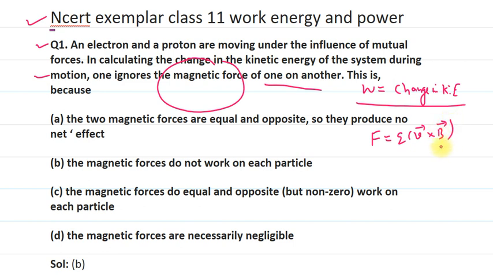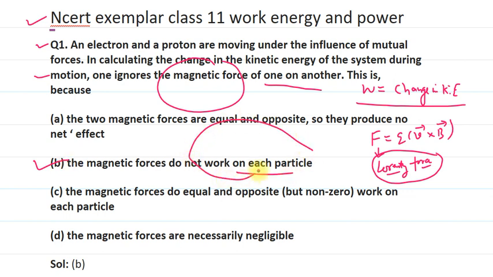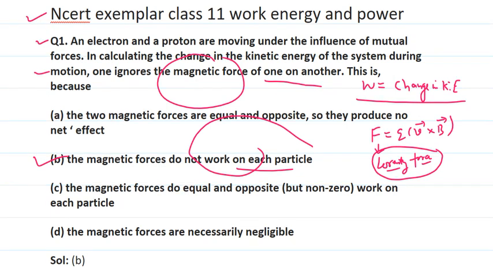Here capital B is the magnetic field, v is the velocity vector, and q is the charge on the particle, and this F is known as the magnetic force, or we can simply call it the magnetic Lorentz force. So this magnetic Lorentz force simply changes the direction of the motion of the particle and does not do any type of work on the particle. So magnetic forces do not work on each particle. Because of this reason we are not considering the magnetic forces in this interaction.